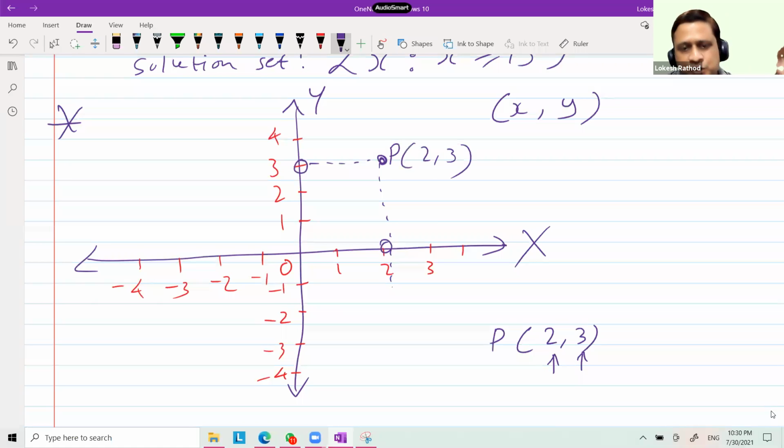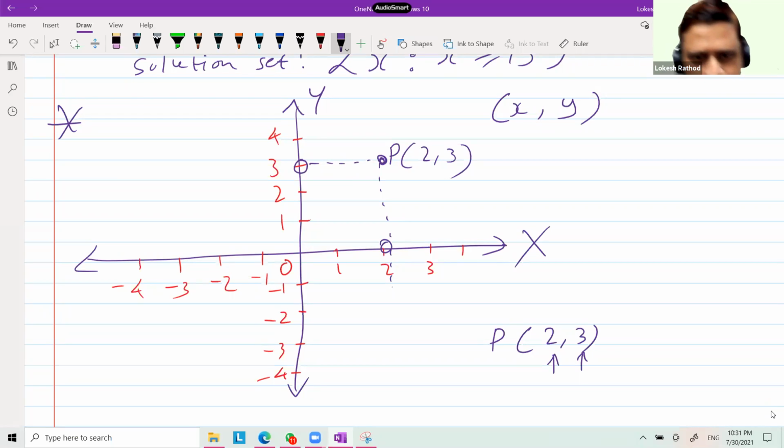Okay. A few observations. Distance of P from the x-axis. Can you say what is the distance of P from the x-axis? What will be the distance? Anyone? Will it be 2 or 3? My question is, what will be the distance of this point P from the x-axis?